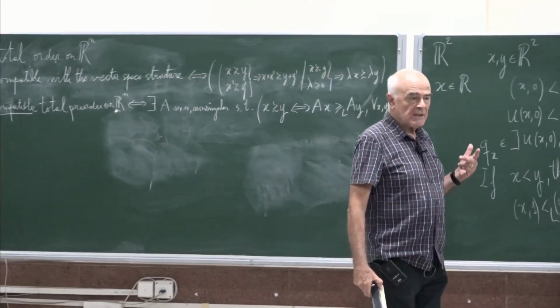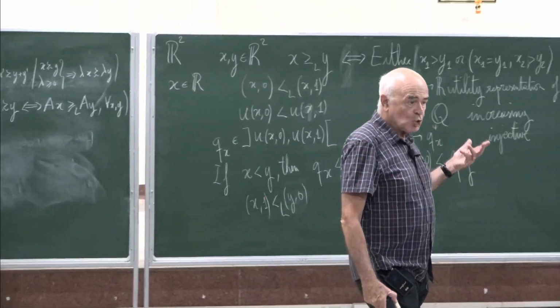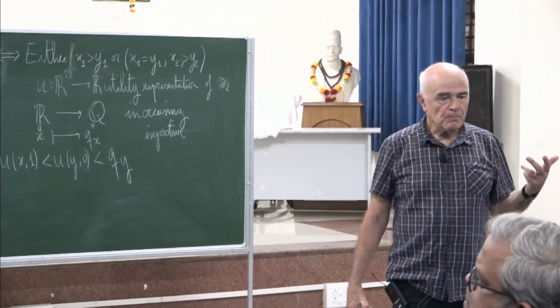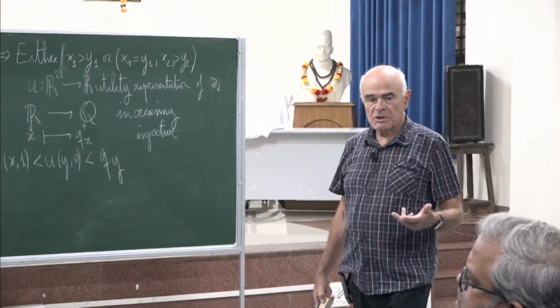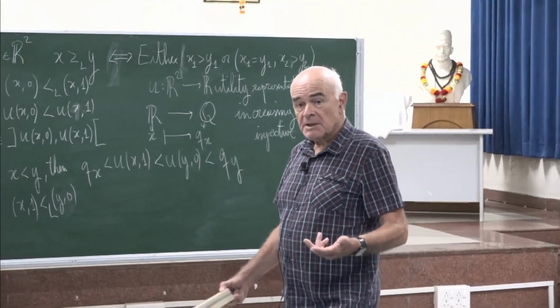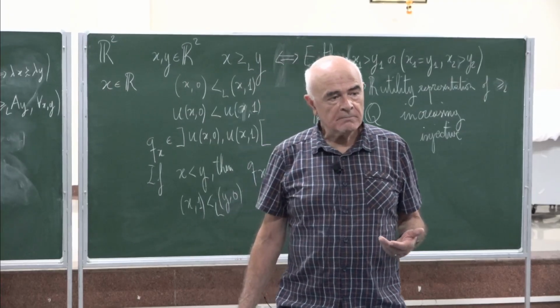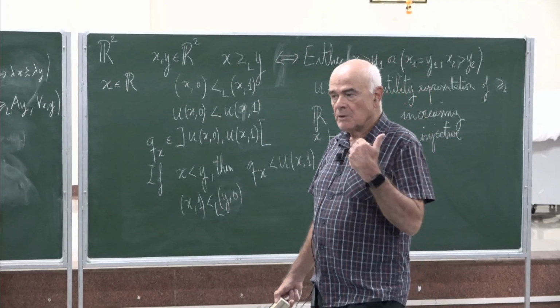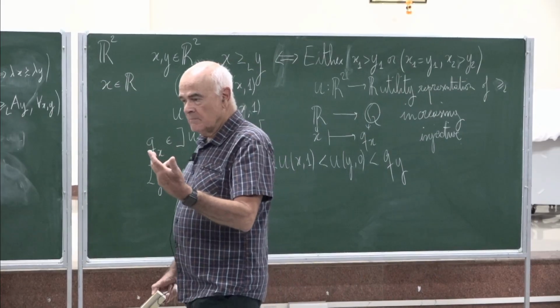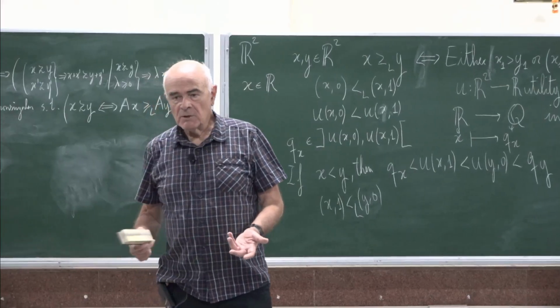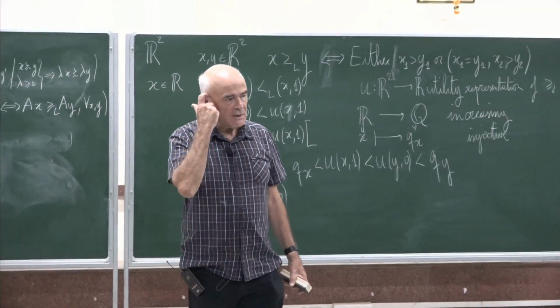So this is what I said. You have a total preorder on Rn which is compatible with the linear structure of the space, then it is the lexicographical order up to an isomorphism. I mean, you apply an isomorphism, and under this isomorphism, it is the lexicographical order. This is what this result is saying.